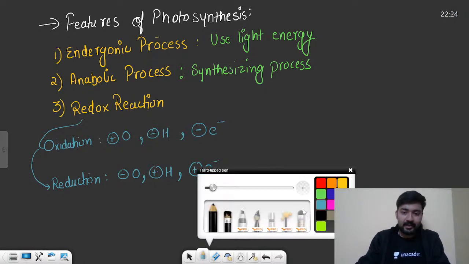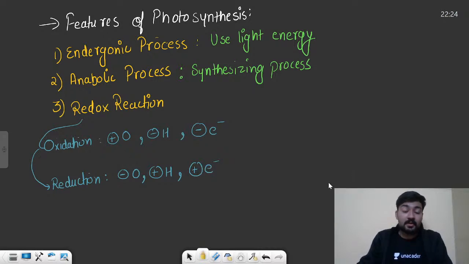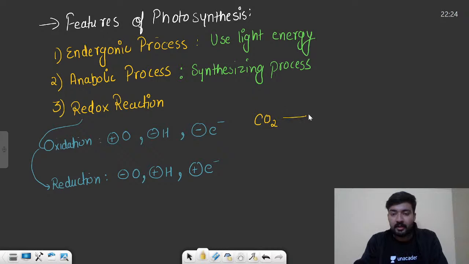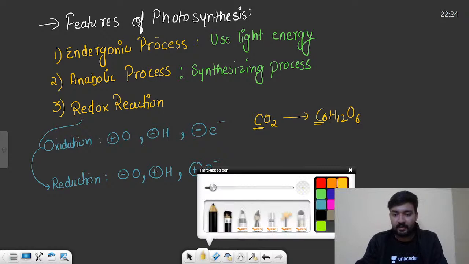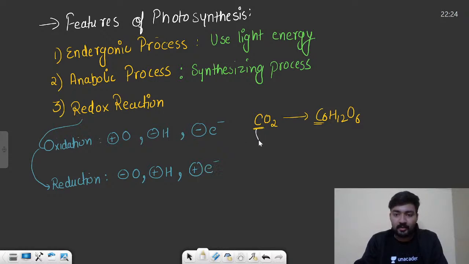Alright, so let us study how it actually happens. What substance is getting oxidized and what is getting reduced. So you see, CO2 forms C6H12O6, right? In this case, carbon is getting reduced. This is reduction.